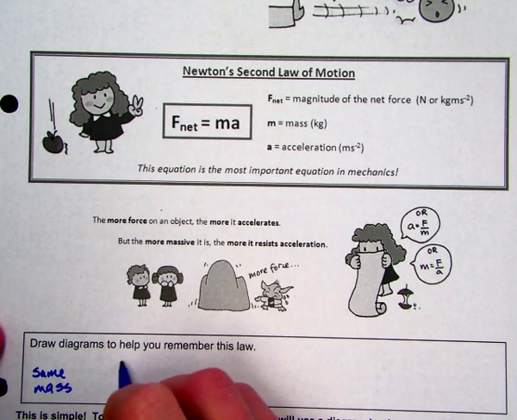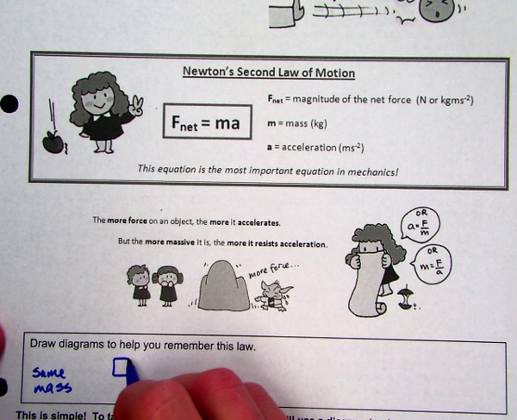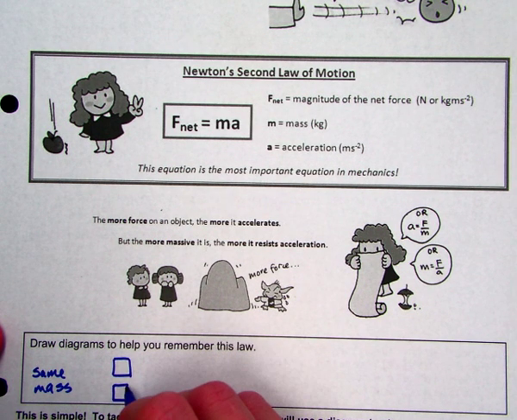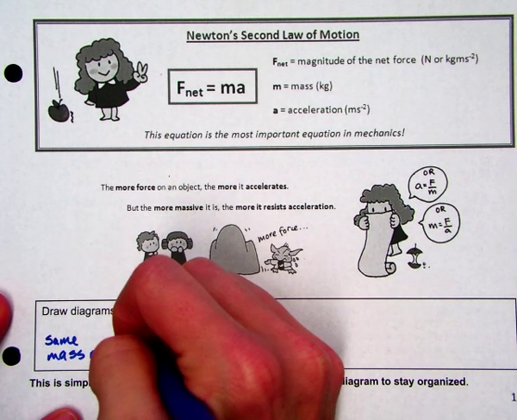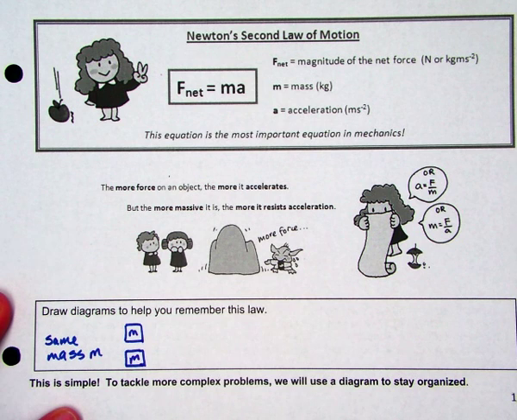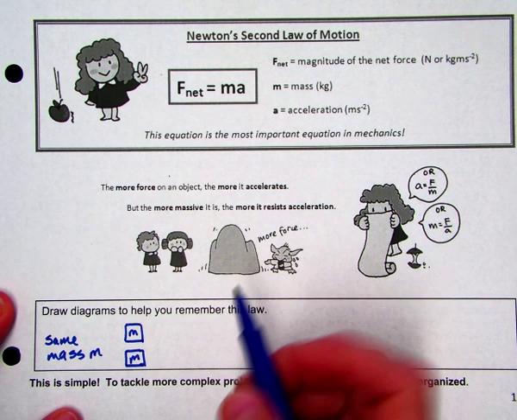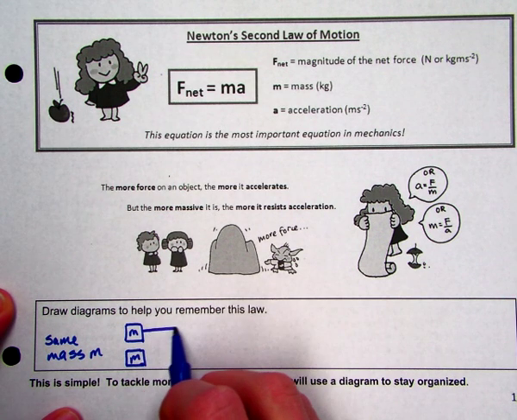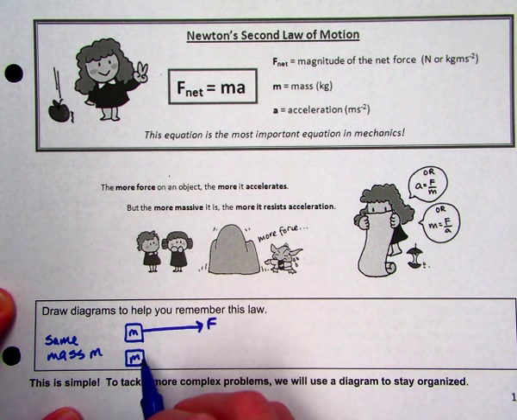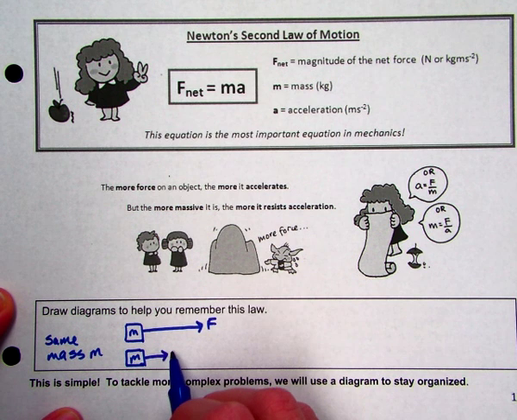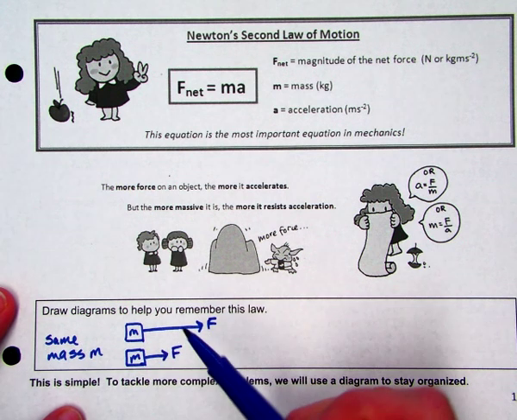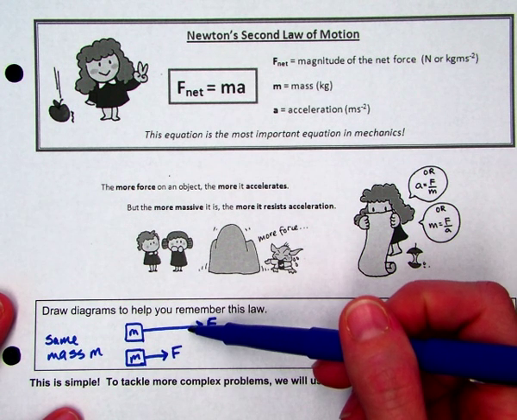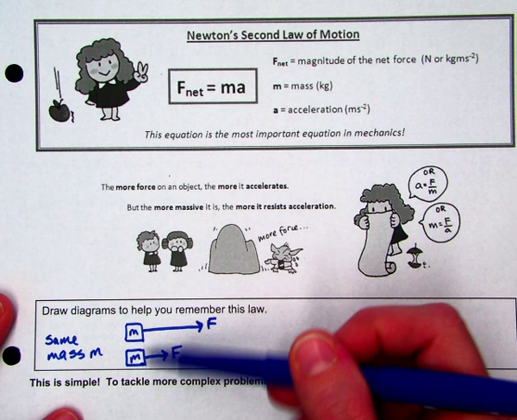I'm going to look at an object with the same mass here, and we're going to call this same mass M. So M and M. I'm going to make one difference between the two. I am going to make this force really big, and I'm going to make this force really small. What can you tell me about how this mass accelerates versus this mass if they're the same?